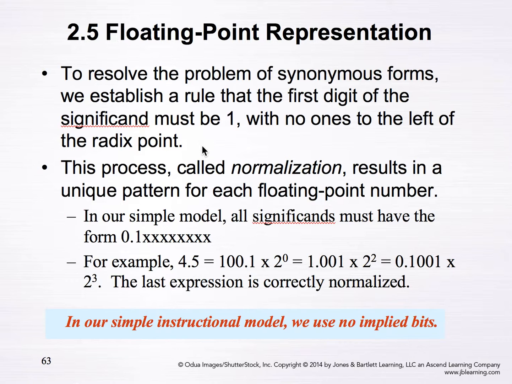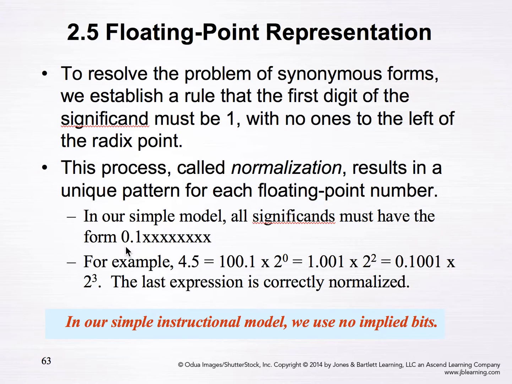So that's the first rule. This process is called normalization and results in a unique pattern for each floating point number. So in our simple model, all the significands must have the same form 0.1xxx, where each x can be 0 or 1. But the first two digits need to be in this form 0.1.